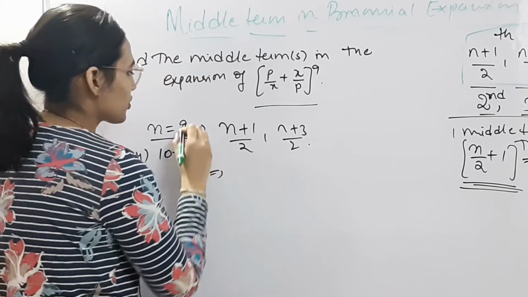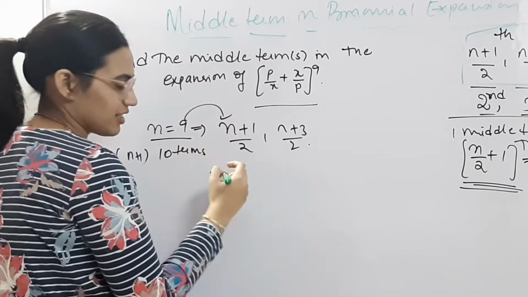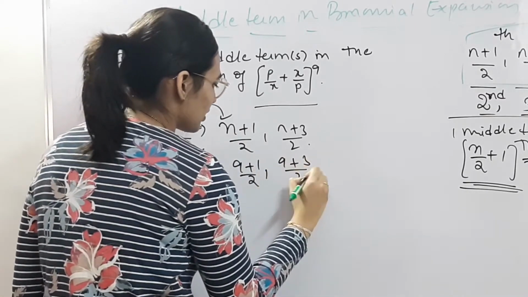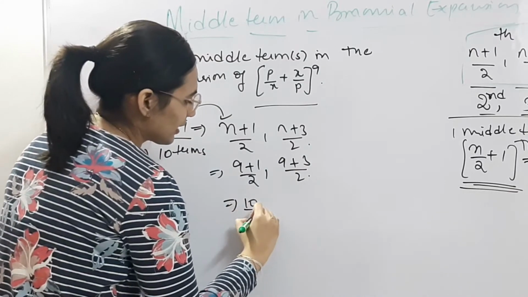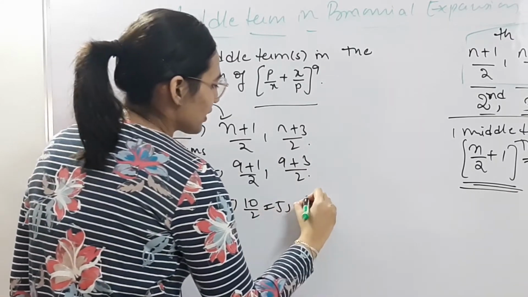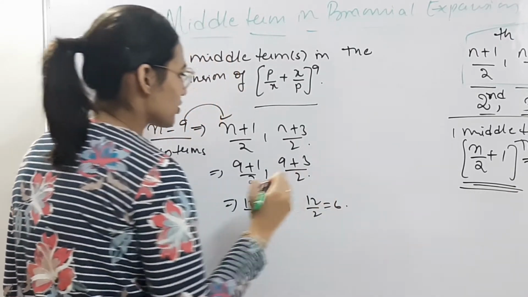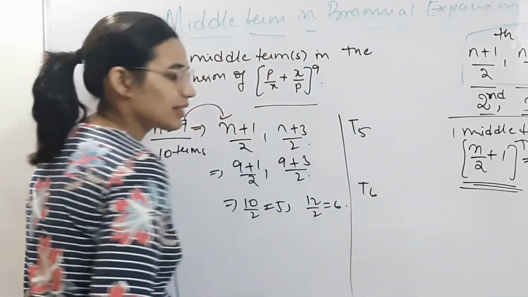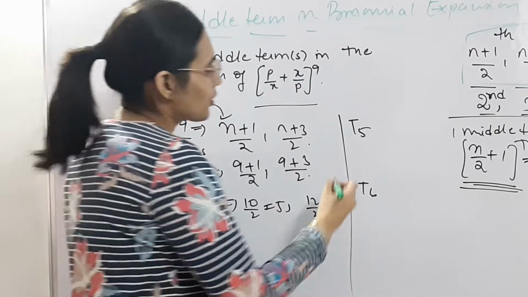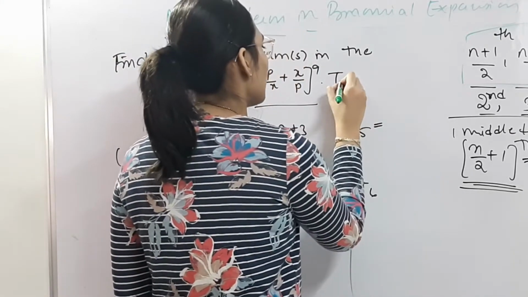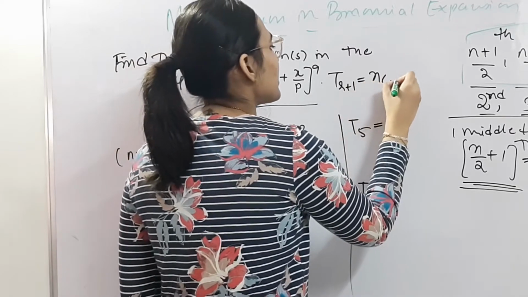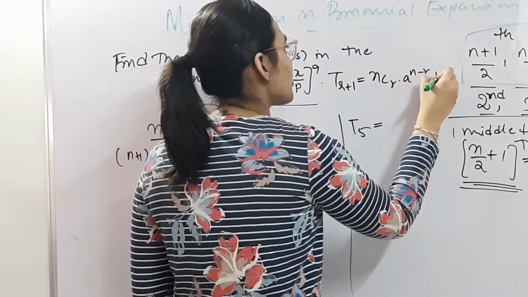So if you substitute n as 9 here, we get (9+1)/2 and (9+3)/2. So in general we get 10/2, that is 5, and 12/2, that is 6. So in short, the middle terms are T5 and T6. Yes. So now substitute this in the formula of T(r+1), that is nCr into a to the power of n minus r into b to the power of r.